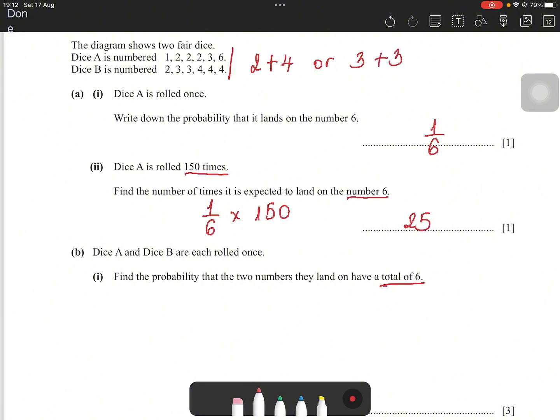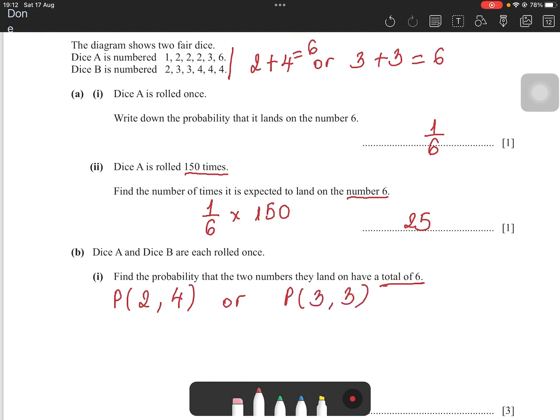There are only 2 cases. So 2 plus 4 equals 6 or 3 plus 3 equals 6. So we want the probability of getting a 2, then a 4, or the probability of getting a 3 and a 3.